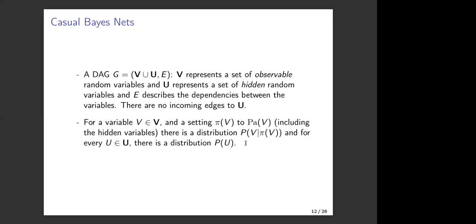In this case, we have a DAG. It's like a base net, except that we have a set of hidden variables U, and since they are hidden, they can affect other observable variables, and they stand by themselves, independent, in the sense that there are no incoming edges to U. And what is given to you, for definitional purposes, is that for every variable, and every setting of its parents, including the hidden variables, there is a distribution given to you.